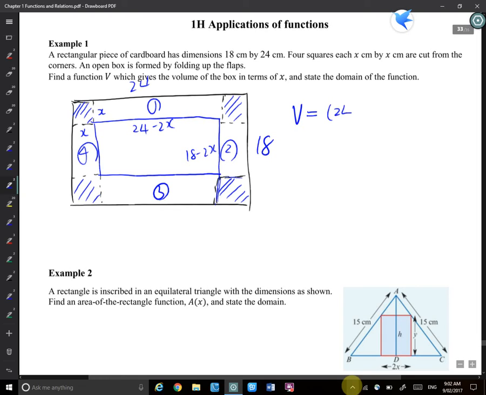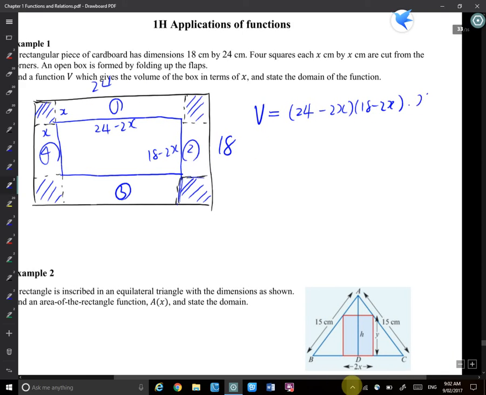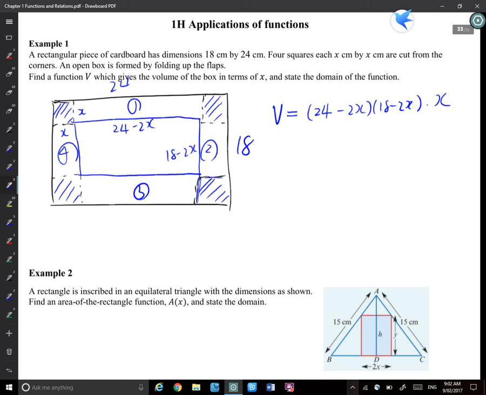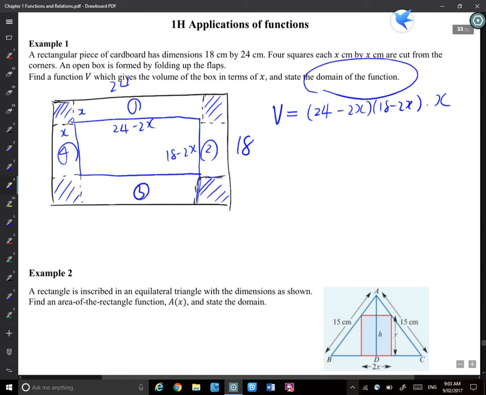So the base will be 24 minus 2x times 18 minus 2x, and times x for the height. Length times width times height. So that's the volume of this box. You don't need to really open the bracket. If you want to open the bracket, you can use your CAS to open the bracket, but I'm not going to do that. What I worry about is the domain of this function.